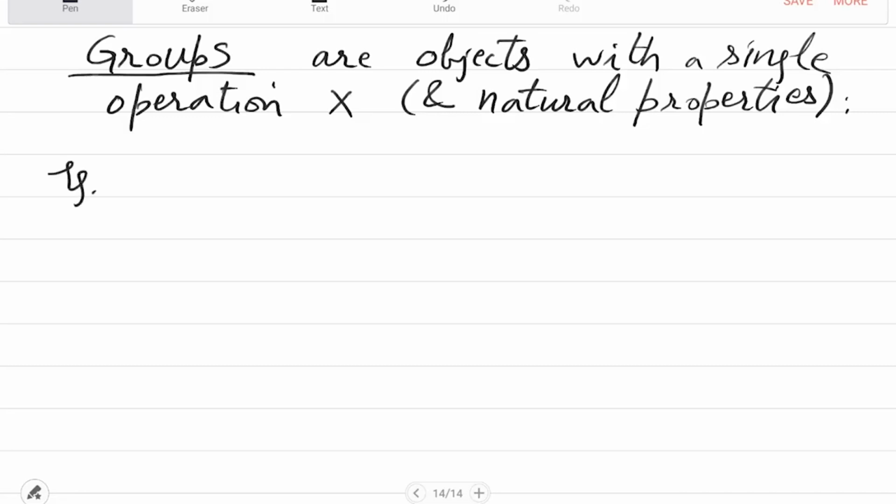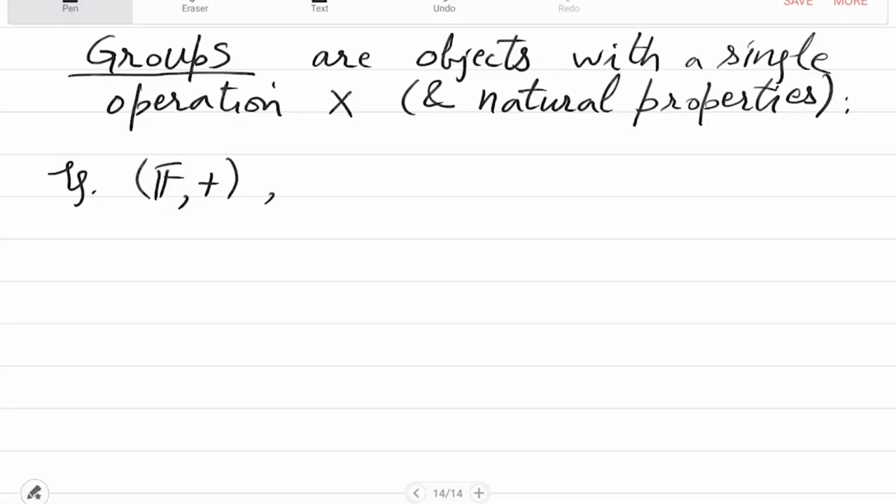So examples are a field with plus. We cannot say field with multiplication because 0 is non-invertible, right? But a field with plus is a group. If we remove 0, the result is called F star, so F star is F minus 0. Then we can look at multiplication.